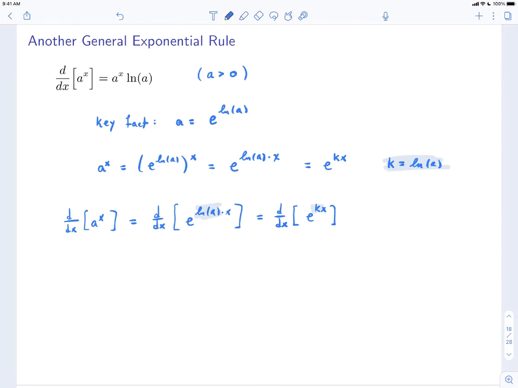So then we just use the rule that we just proved. So this is k times e to the kx, but k is ln of a. So this is ln of a times e to the ln of a times x. And now we're basically done because now we just remind ourselves that e to the ln of a times x, this thing right here, is the same as a to the x.